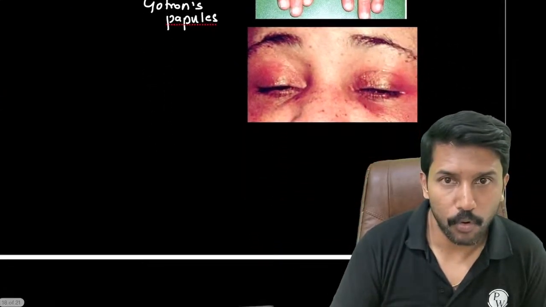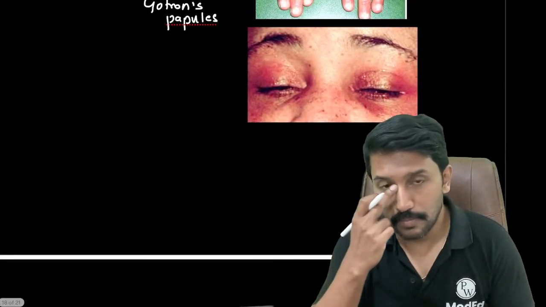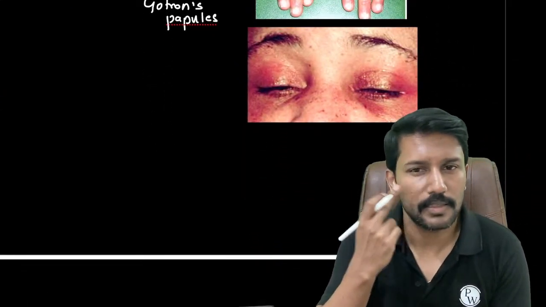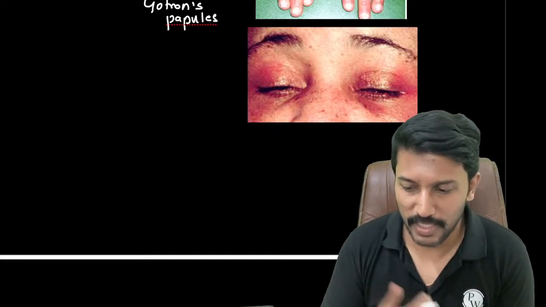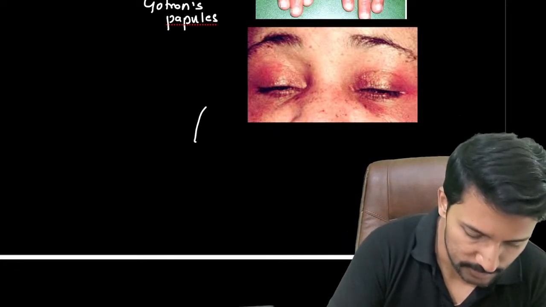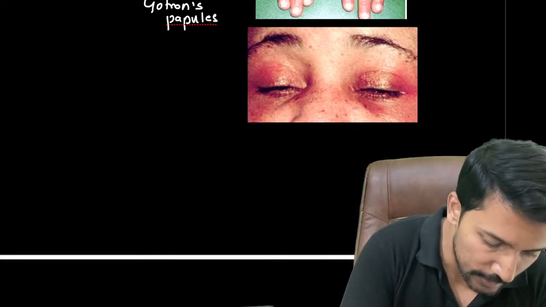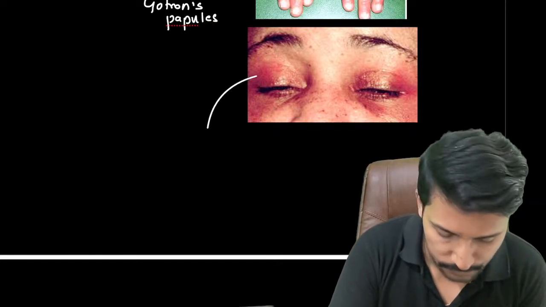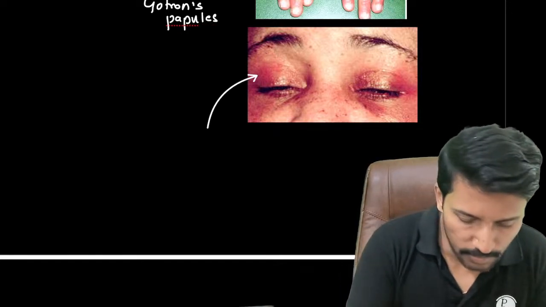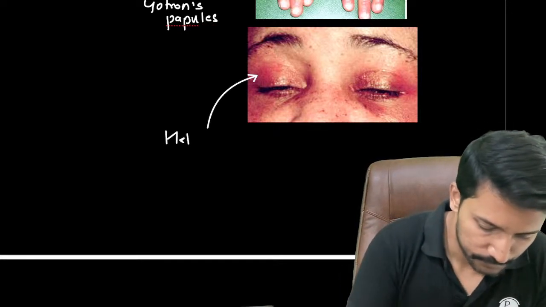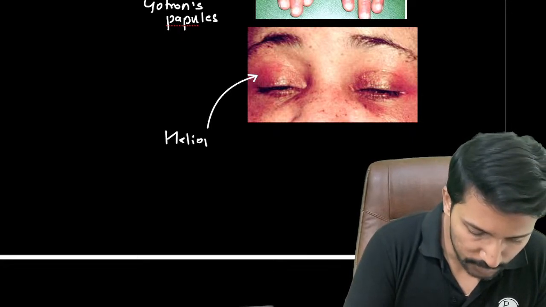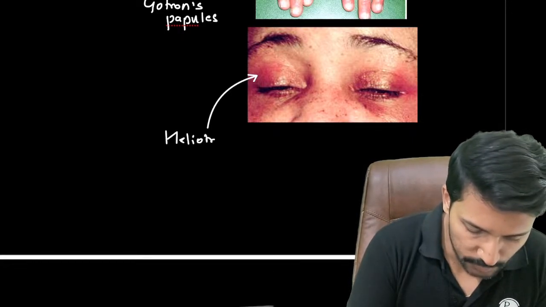And what do you see at the bottom, around the eyes? You see some violet colored rash, a violaceous rash. What do you call this? This is called heliotrope rash.